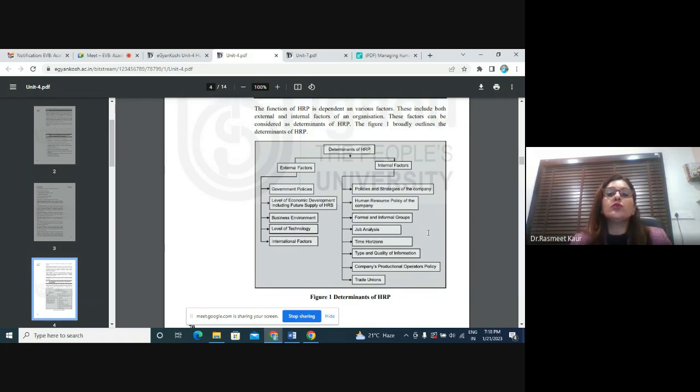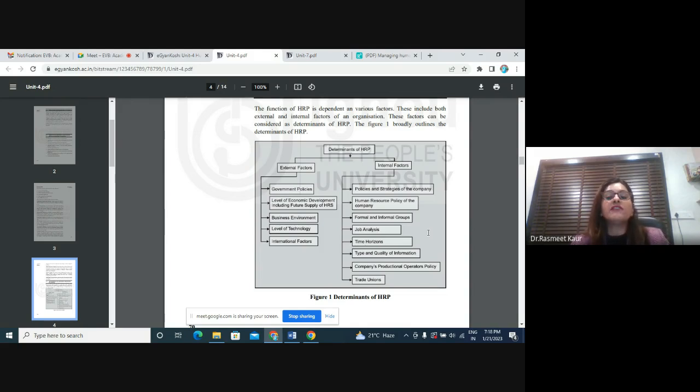So when you do human resource planning, you do a thorough study of both these factors, external as well as internal. I would like to add here one thing: external factors are beyond the control of the HR manager or the organization. They have to adapt to all these changes as they happen.